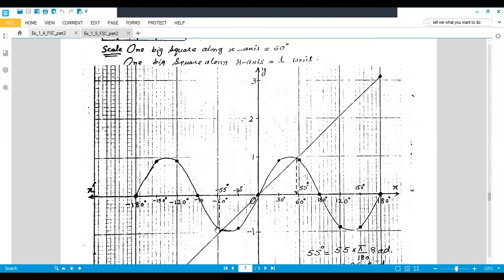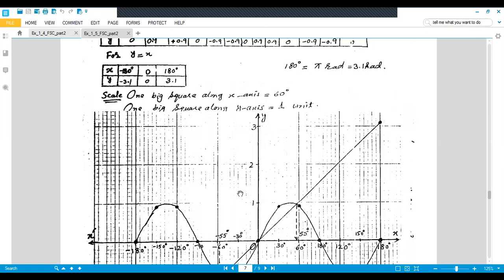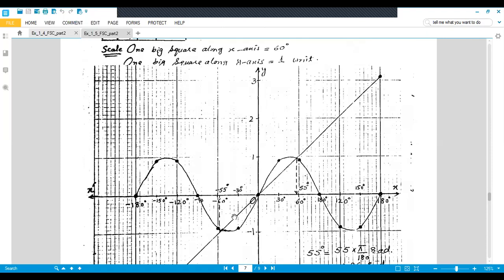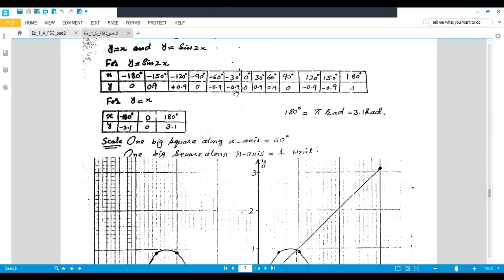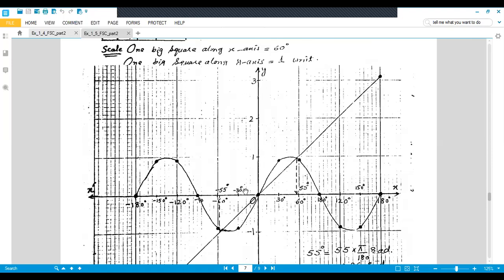For minus 30, you have minus 0.9 again, so below minus 30, 9 small boxes, you put a point. And then for 0 degrees, you have 0, so you put a point here.